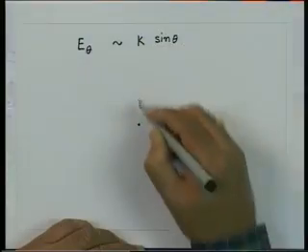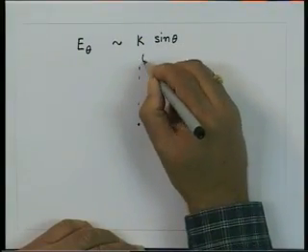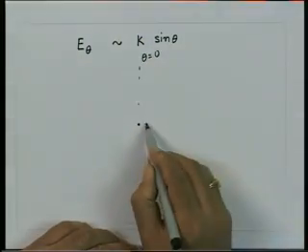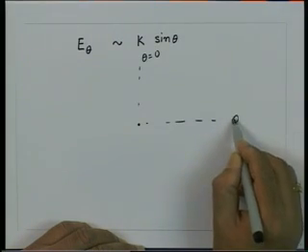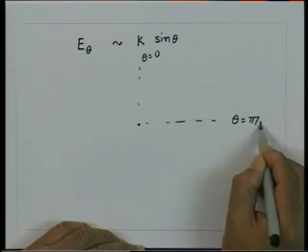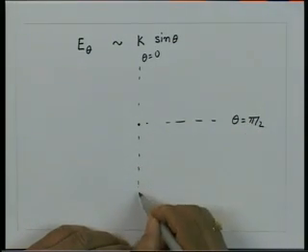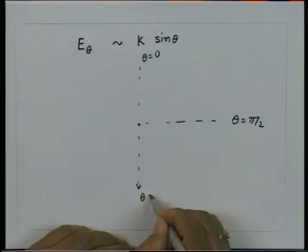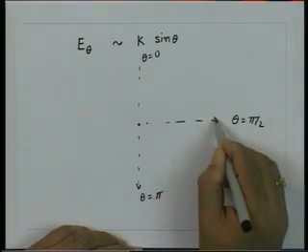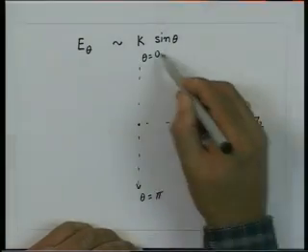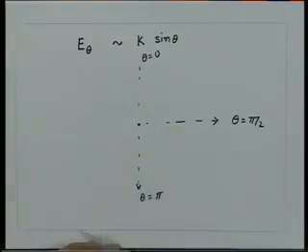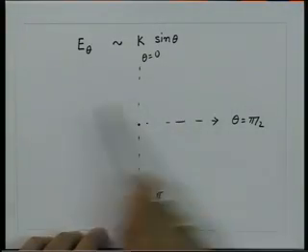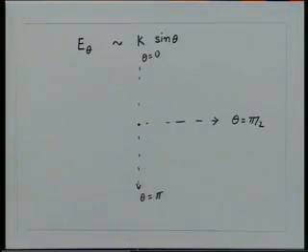So let us see, if I put theta equal to 0, which is this direction, this direction is theta equal to pi by 2, this direction is theta equal to pi, and the range of theta is from 0 to pi, and then you have a phi variation which goes from 0 to 2 pi, which is in this direction.